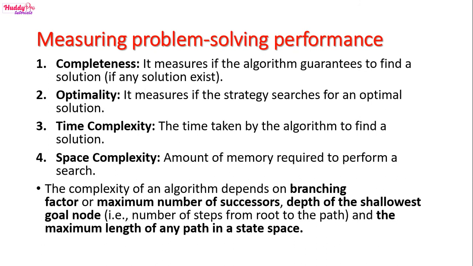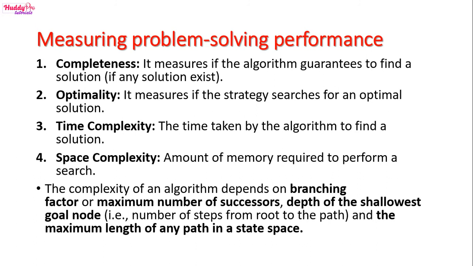Now, whenever we use a certain search strategy or an algorithm to solve a problem, that algorithm has what we call the performance measure. We shall not be going into details of the performance measure of each algorithm, but we assess and compare each algorithm depending on its performance.